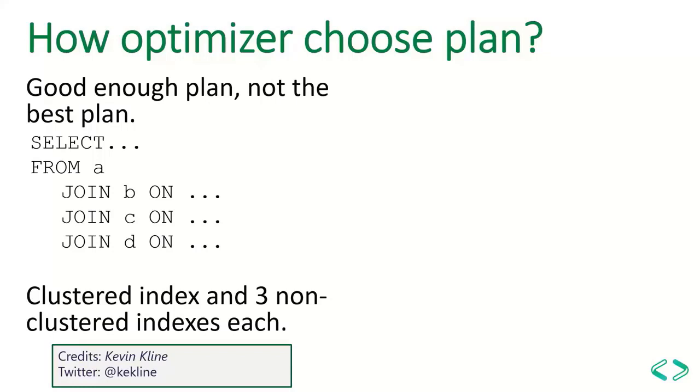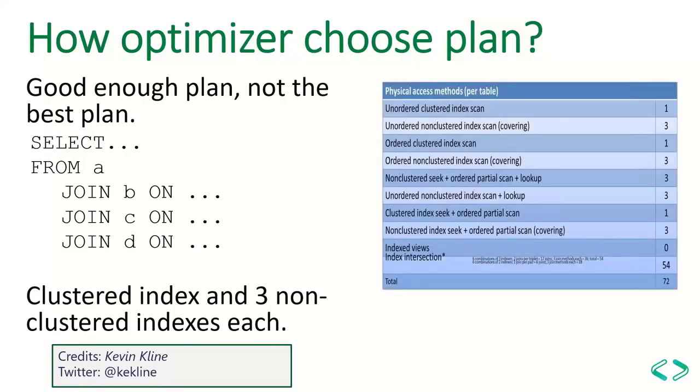Here, you have an example of a very simple select statement with a 4-table join in it, right? So in order to choose the best plan rather than the good enough plan, the optimizer has to first go ahead and analyze 72 different types of physical access methods per table, right?